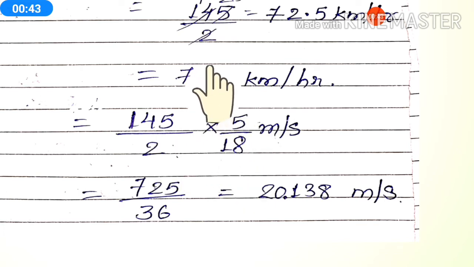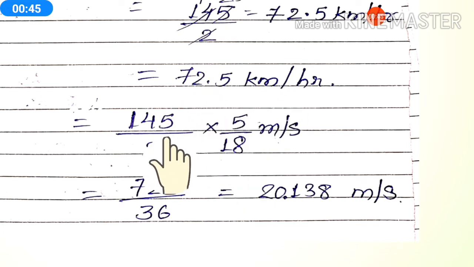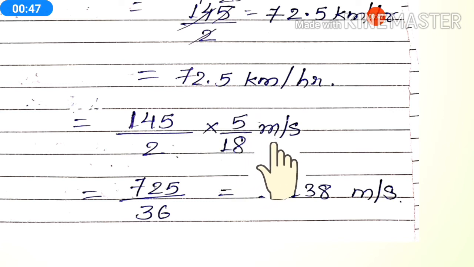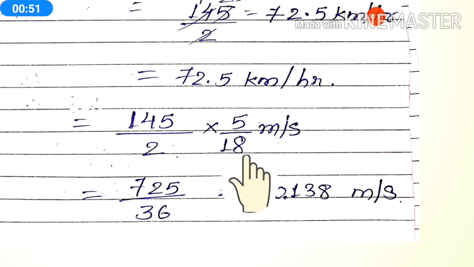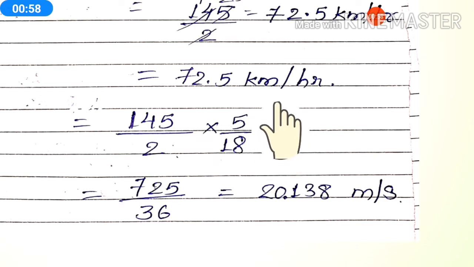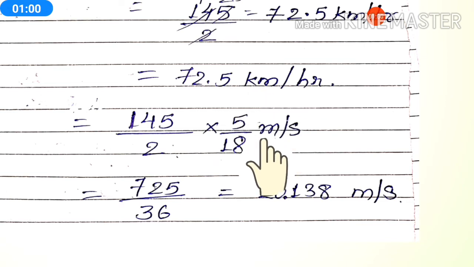When we multiply the value given in kilometer per hour by 5 by 18, the answer will be in meter per second. How has 5 by 18 come? It has come from the calculation: we have to convert kilometer into meter. So 1 kilometer is 1000 meter.